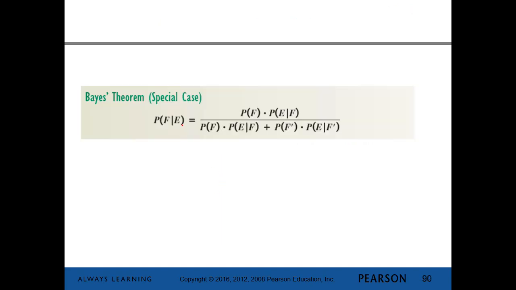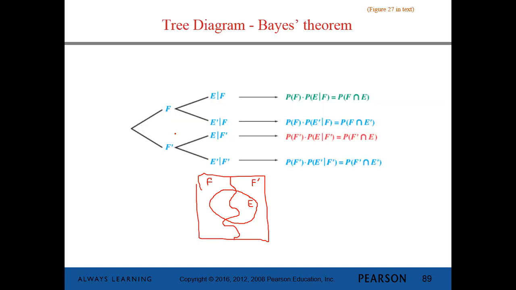So in this case, if I wanted the probability of F given that E has occurred, I want the probability of F if I know that E has occurred. But E overlaps both of these. Well, it's going to be the probability of the condition part here divided by both of these.